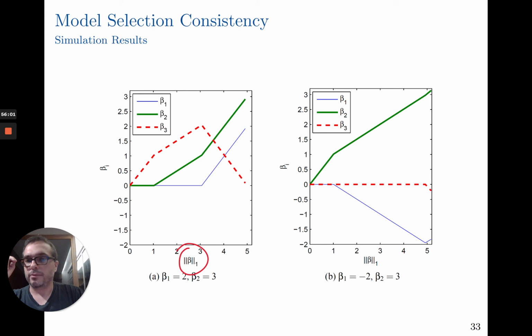When lambda is very large, we do not select anything. Then as we decrease lambda, we start selecting 3 and 2, and then we select 3, 2, and 1, and then when we have almost no penalty, OLS is kicking in, and then we pick 1 and 2. On the other hand, if the irrepresentable condition holds, you see that 3 is never selected, and we select 1 and 2, so we are doing the correct model selection.